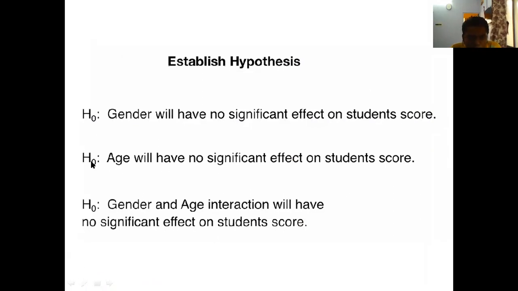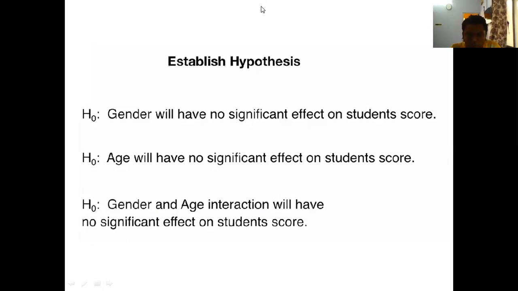Another null hypothesis: age will have no significant effect on student score. Alternative hypothesis: age will have significant effect on student score. Then again, this is the interaction effect. The null hypothesis is gender and age interaction will have no significant effect on student score, and the alternative hypothesis is gender and age interaction will have significant effect on student score.